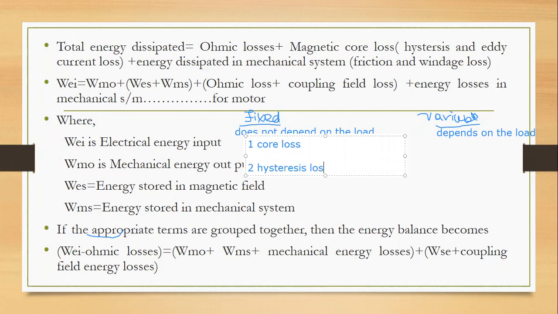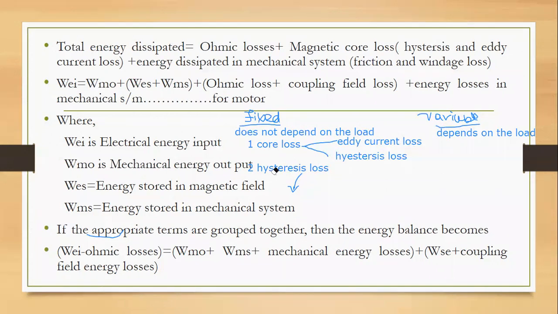Sorry if there is some kind of spelling error. So this core loss can be further divided into two. The core loss can be eddy current loss and hysteresis loss.